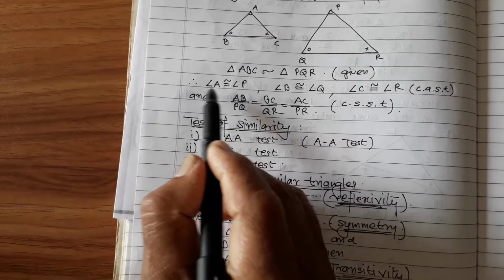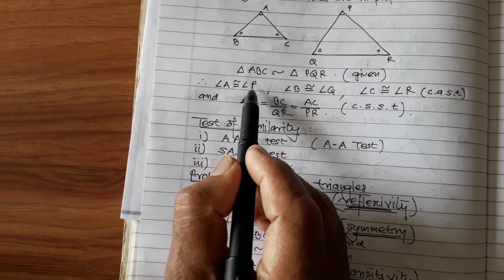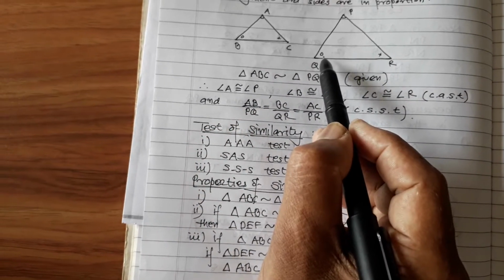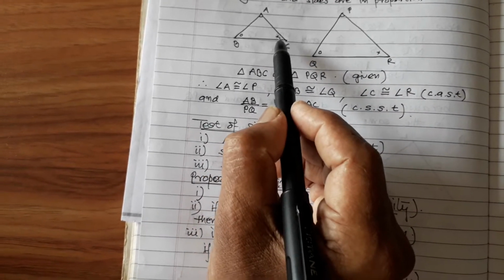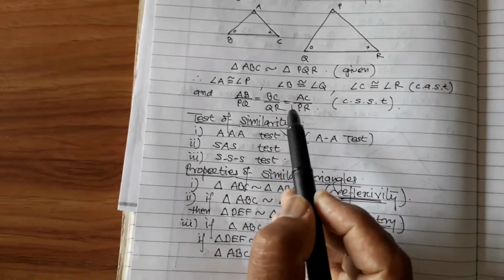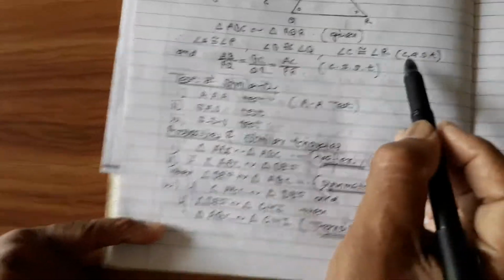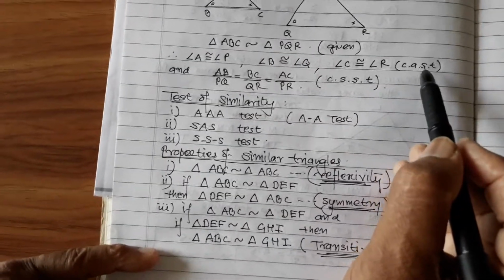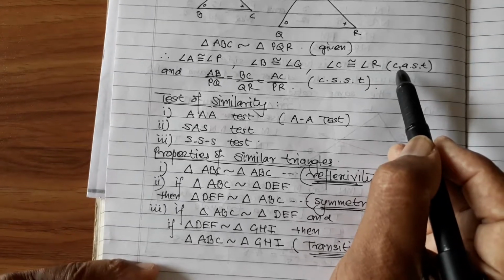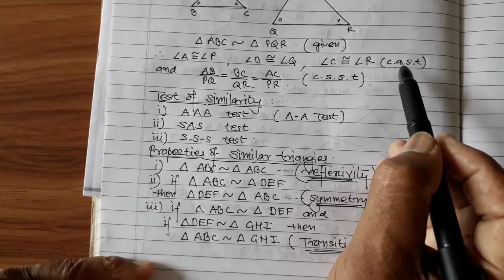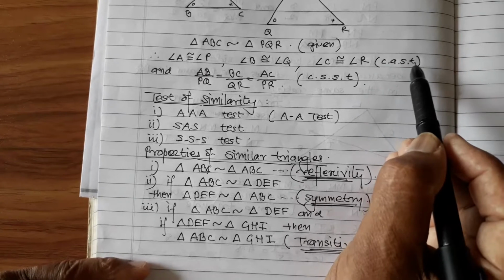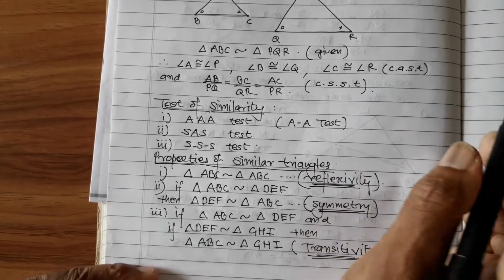That means angle A is equal to angle P, angle B is equal to angle Q, and angle C is equal to angle R. And the reason is CAST, that means corresponding angles of similar triangles.